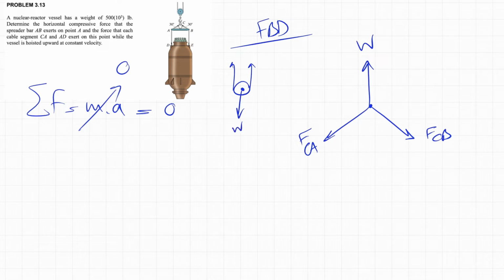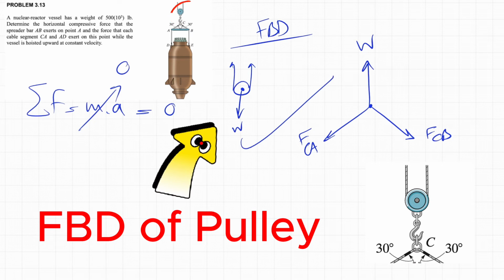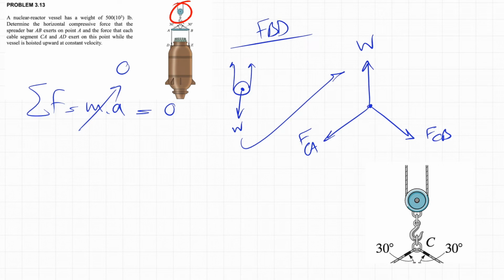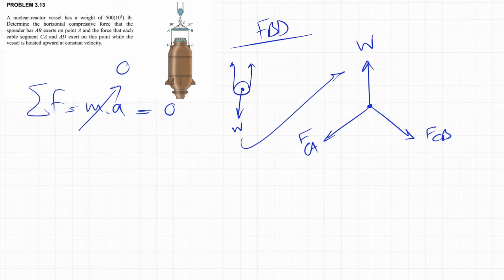If we look at the hook on top, there are these two pulleys, and we'll have the weight W, and that part will be attached to here, which means we have to have another force that has the magnitude of weight and in the opposite direction. So that's why I have the weight at this point. And the rest would be easy.